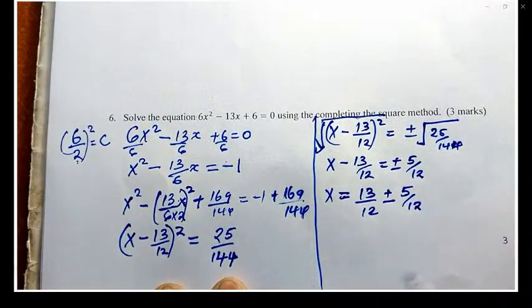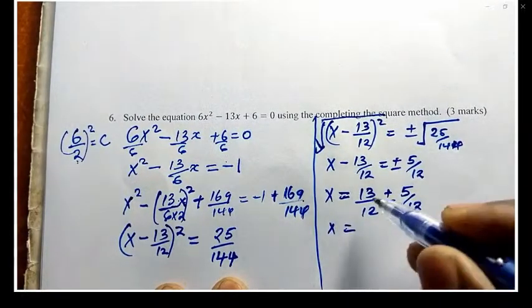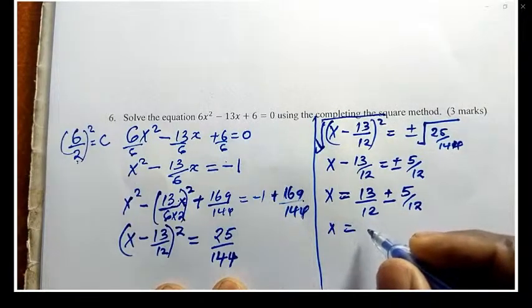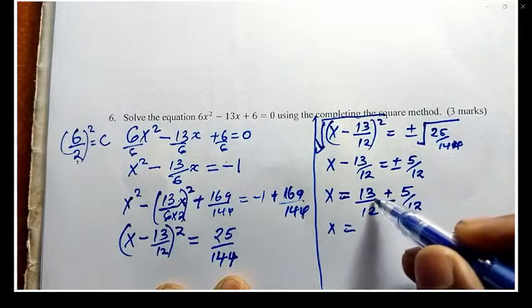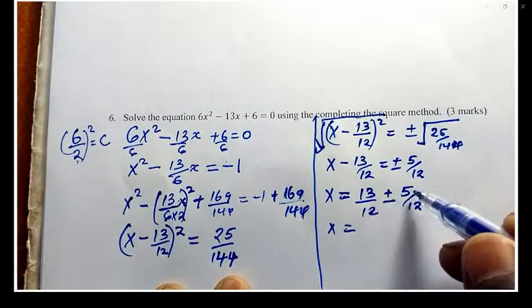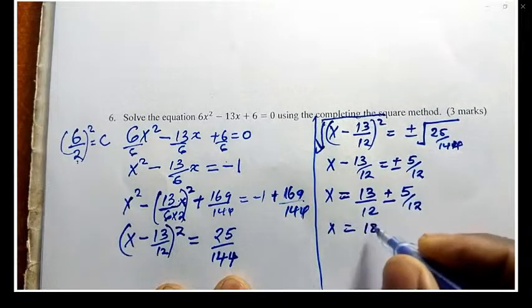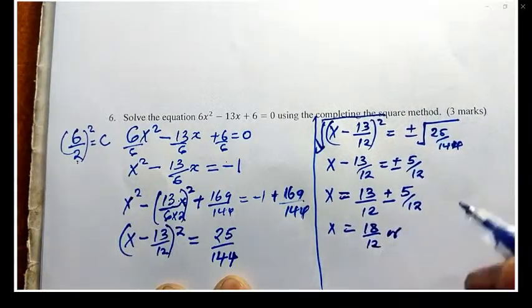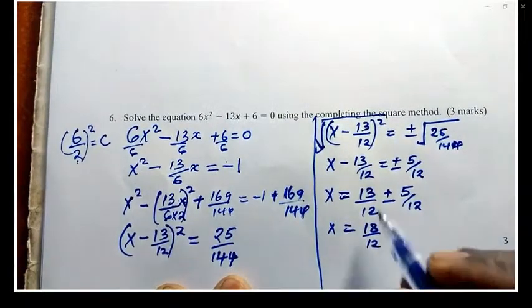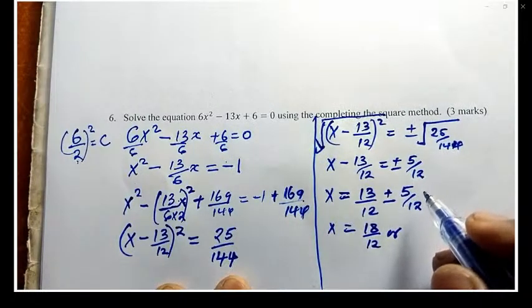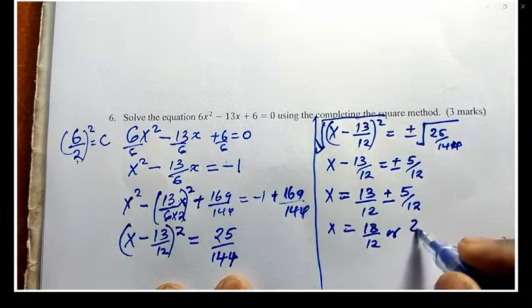So x will be 13 plus 5 over 12, that is 18 over 12, or 13 minus 5, which is 8 over 12.